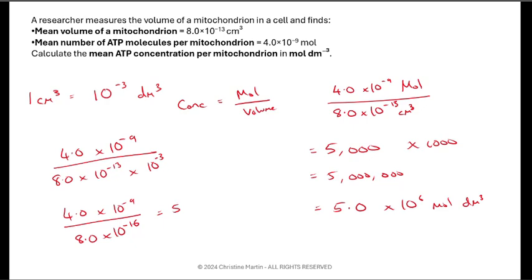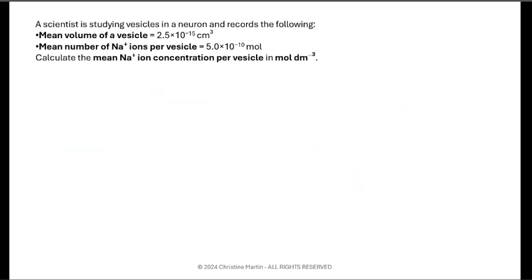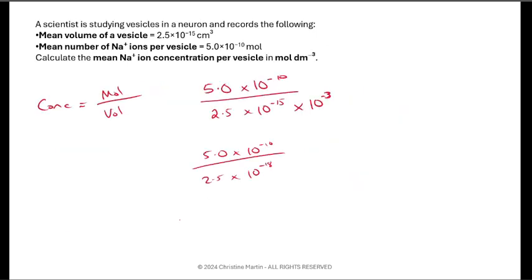That will therefore give me 4.0 times 10 to the minus 9 divided by 8.0 times 10 to the minus 16, which also gives me my answer, which is 5.0 times 10 to the 6. And we can do it with any numbers that they give us if we remember that our decimeter cubed is greater than our centimeter cubed.